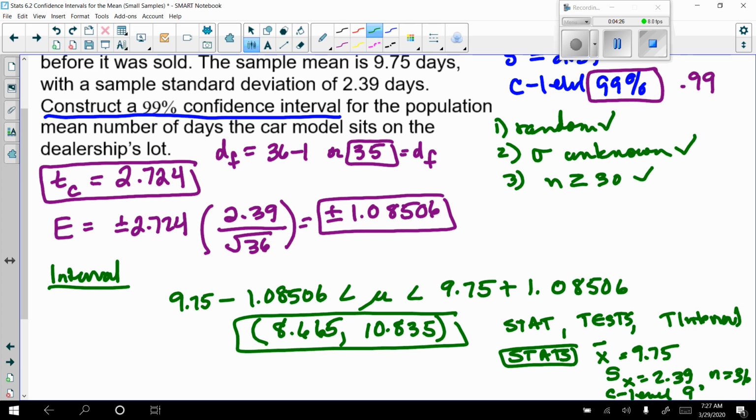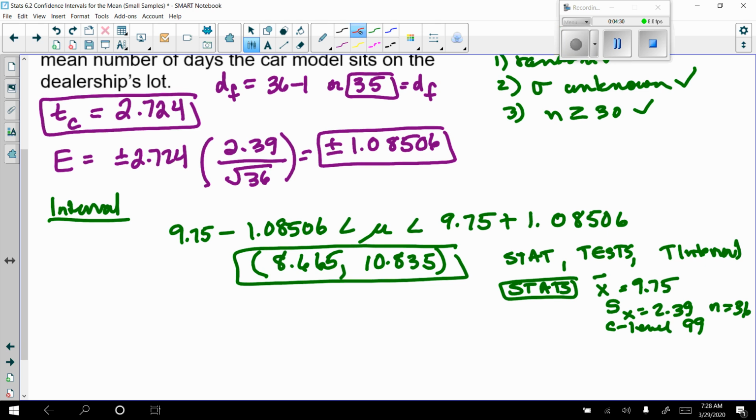which leads us to our conclusion, which says we are 99% confident.